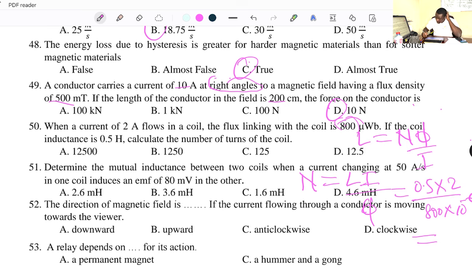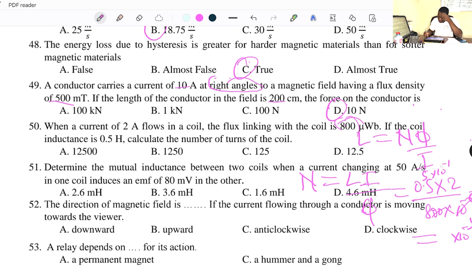So we have 5 times 10 to the power minus 1 here. Then we have 10 to the power minus 4 here. You bring it up, you get 10 to the power 4 plus minus 1, 10 to the power minus 3.